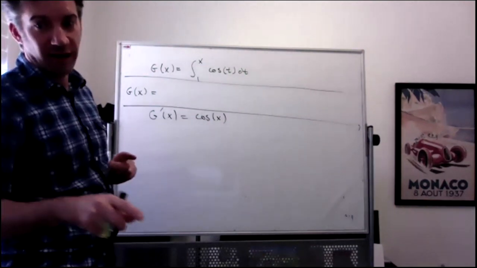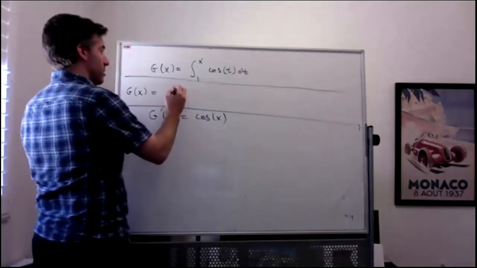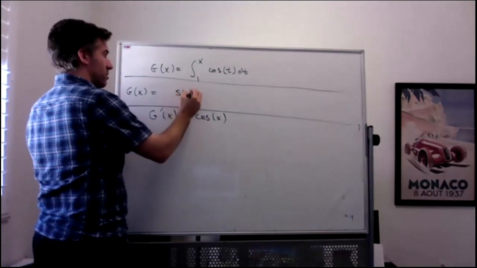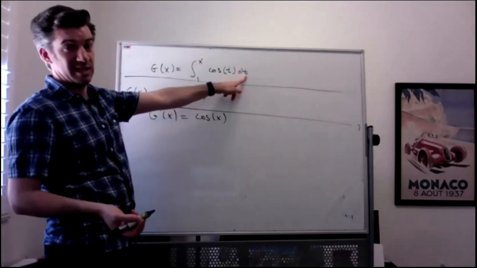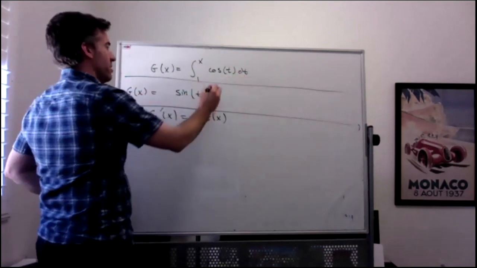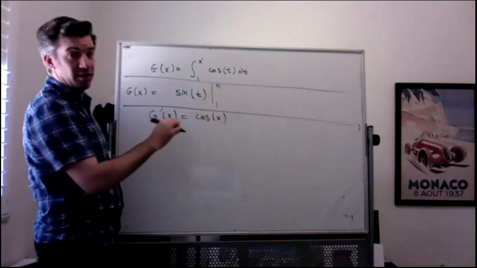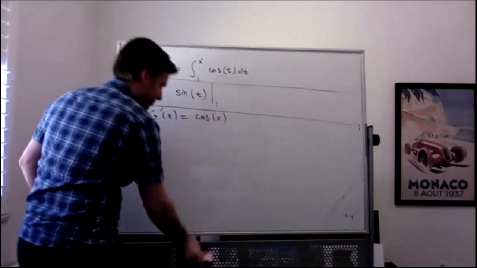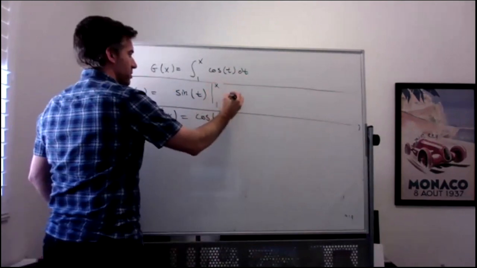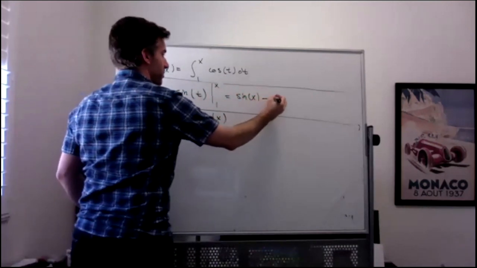You guys are mostly right, except it's not sine of x, it's sine of t, because we're antidifferentiating with respect to t, and our variable is t. And then it's evaluated between 1 and, sorry, not 1 and t, 1 and x. So then we're going to plug in x first, and then 1.